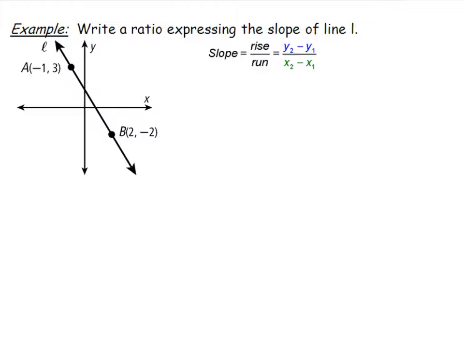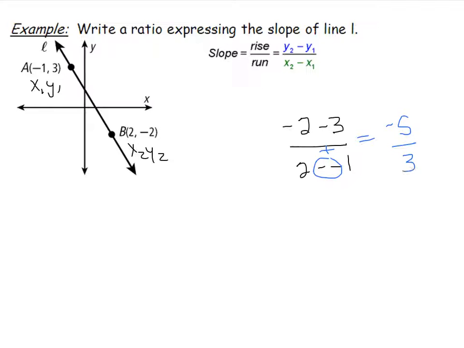If I label these x1, y1, x2, y2, you have negative 2 minus 3 all over 2 minus a negative 1. Two negatives make a positive, so you end up with negative 5 over 3. So the comparison of the rise to the run, the change in y over the change in x, gives you negative 5 over 3.